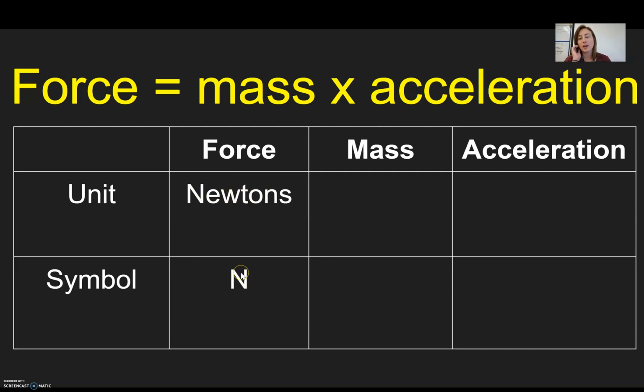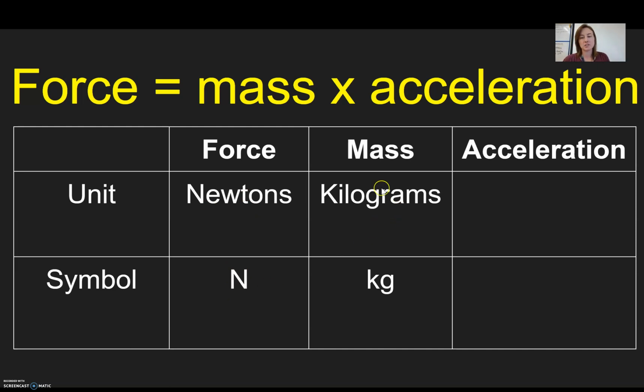And if we put a capital N after a number, then we know that we're talking about force. For example, you could say that I punched something with 10 newtons. That tells you how hard I punched the thing, 10 newtons. And if we were writing that, we would write 10 capital N. And the capital N tells us that it's force. So newtons is how we measure force, and capital N is the symbol for force.